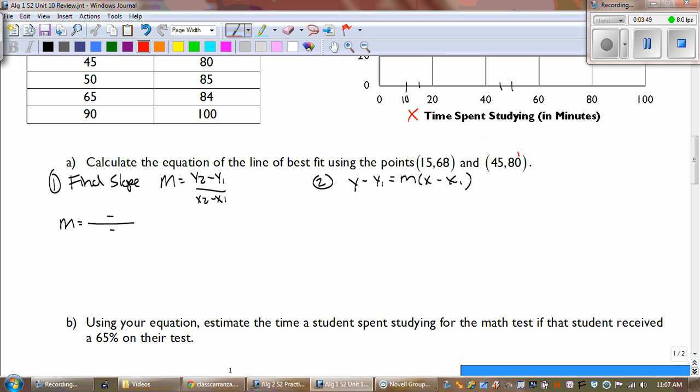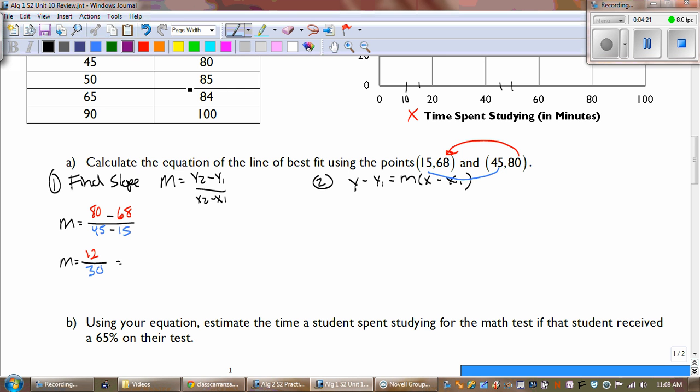Okay? So, y's are on the top. X is on the bottom. What's 80 minus 68? Okay, you should get 12, and 45 minus 15 is 30.